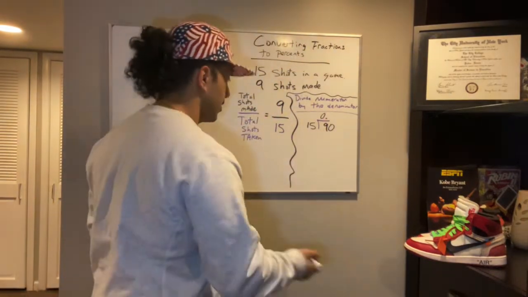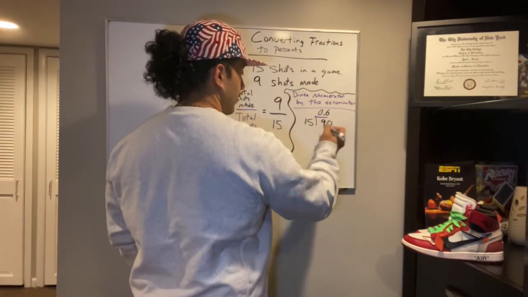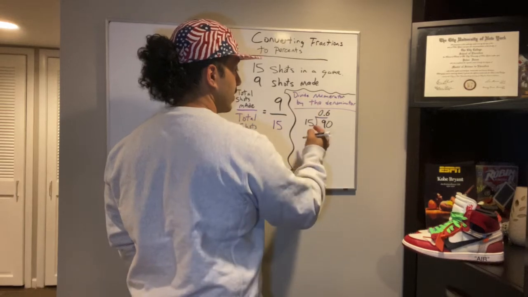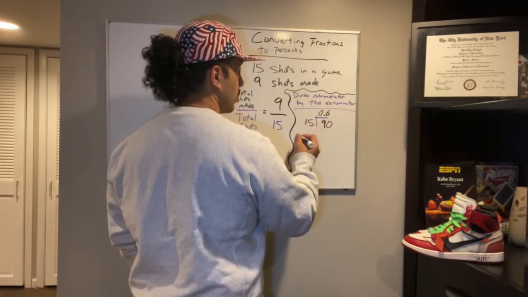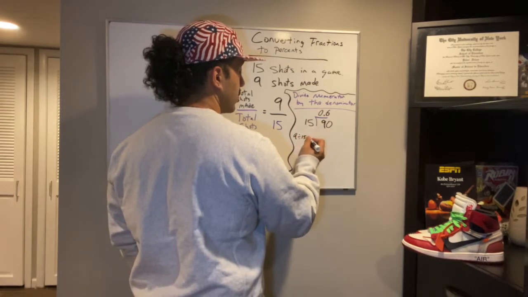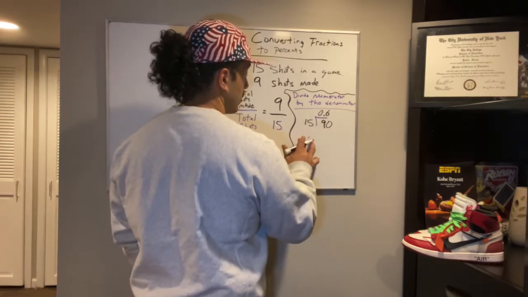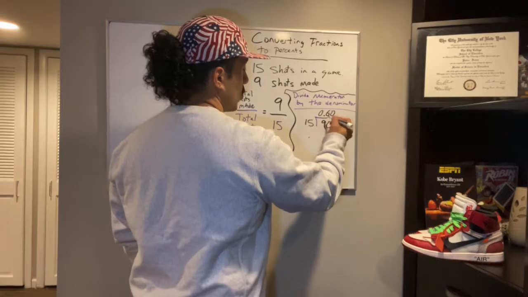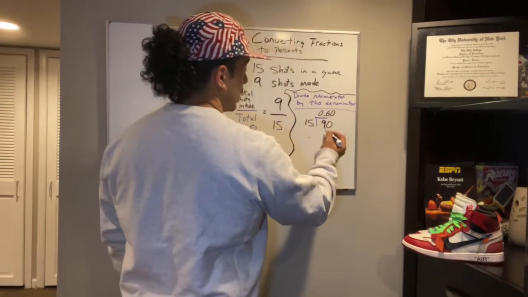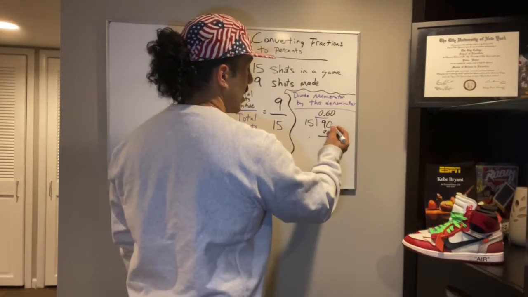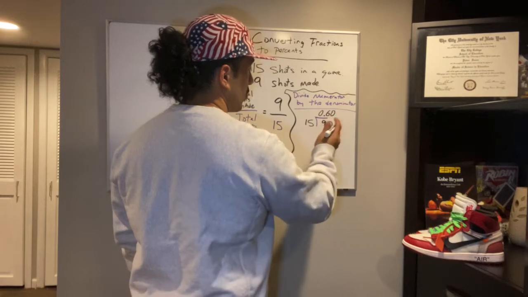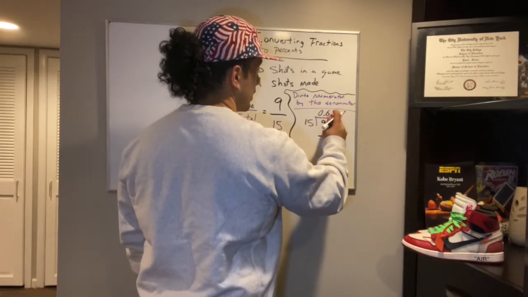Parents, it's not cheating. I can go 9 divided by 15 equals in the calculator, right? So 15 times 6 is 90. So you have an actual answer of 0.6.